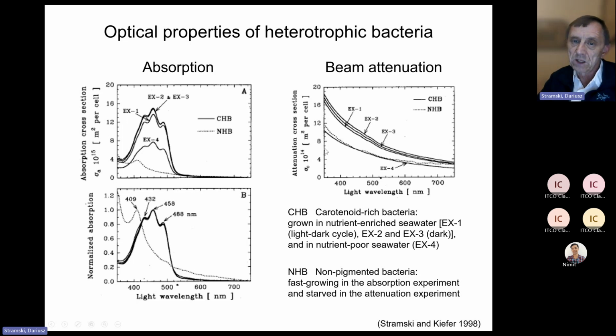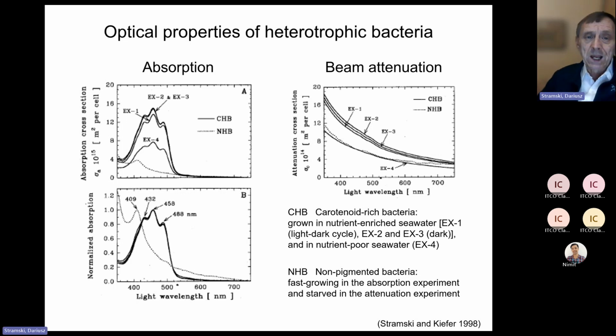Scattering is higher in the blue than in the green or red. For absorption, heterotrophic bacteria are normally considered to be non-pigmented, and this dotted line is experiments with typical common non-pigmented heterotrophic bacteria. As I indicated, it only shows this one peak associated with cytochromes.